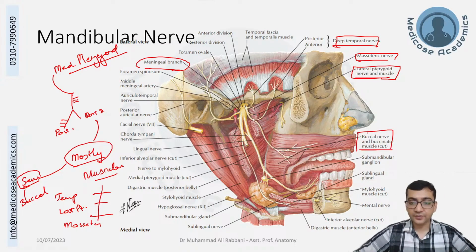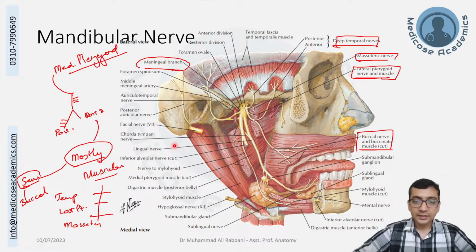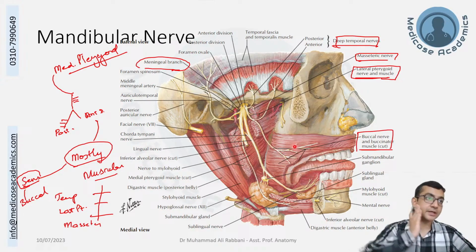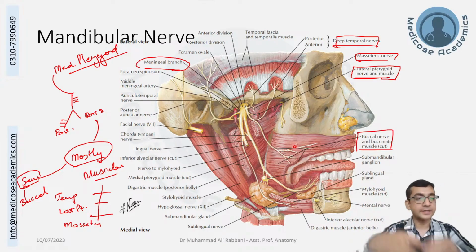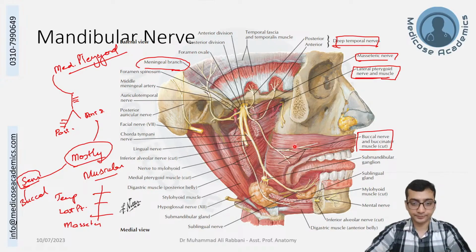It will be covering the surface of the buccinator, and please don't be confused, it is not the motor nerve supplying the buccinator, it is the sensory nerve supplying the top of the buccinator area. It exits the infratemporal fossa by moving between the two heads of the lateral pterygoid, and as it moves out, it goes to the lateral aspect of the cheek, runs over the surface of the buccinator and supplies the skin over it, and it penetrates the muscle to supply the mucous membrane on the inside.